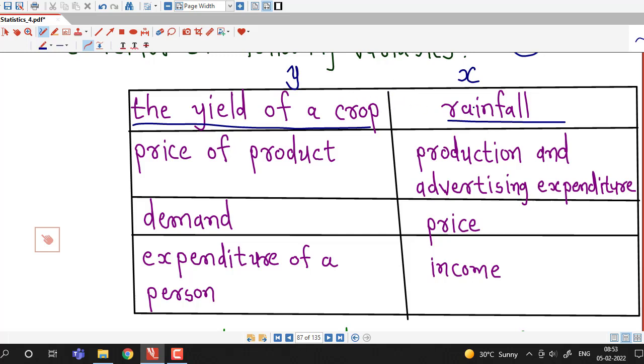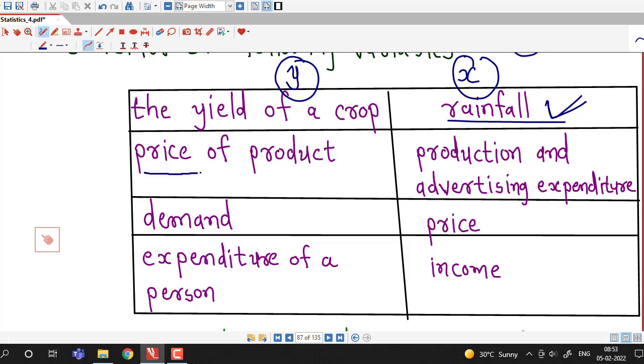If we consider rainfall as the independent variable, then from the given amount of rainfall, we can find the prediction of the yield of a crop. Or suppose we consider yield as the independent variable, then we can predict the amount of rainfall required for the given yield of a crop. In that way we can consider the relationship between two variables.